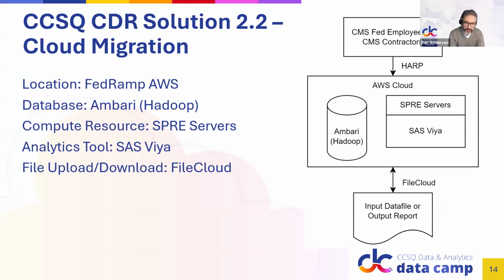And then periodically, if you had some data file you had to upload or download, you could use FileCloud. Here, basically everything was still SAS because that's what they had been using before. That's an oversimplification, but it was primarily SAS in this environment.